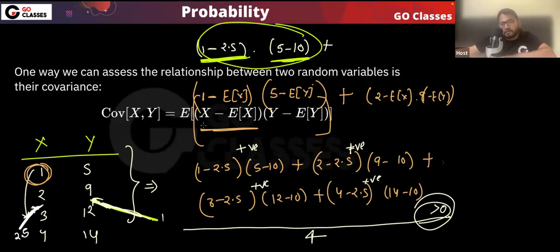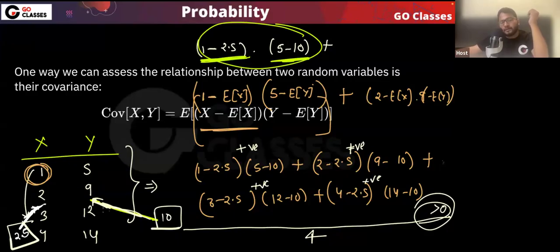Because see here, this is basically saying if x is lower than its own average, and at the same time y is also lower than its own average, right? So they are finding out the average of x, which is 2.5, and the average of y, which is 10.